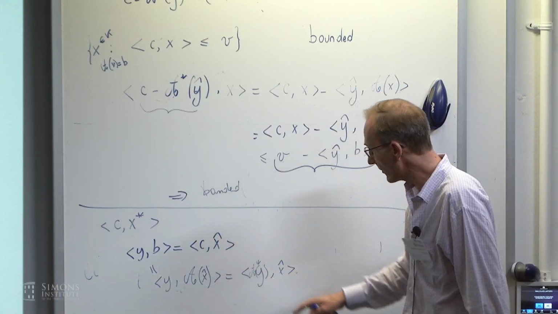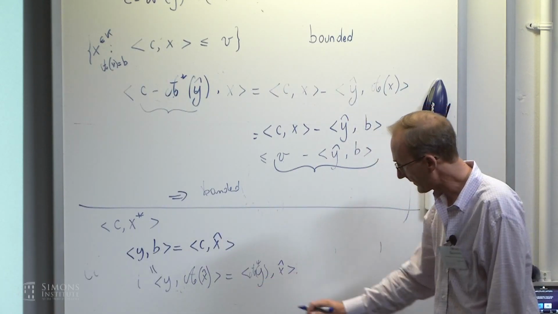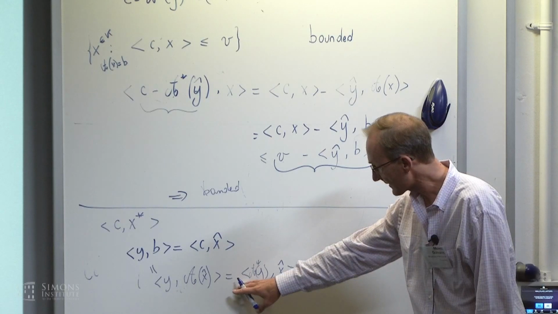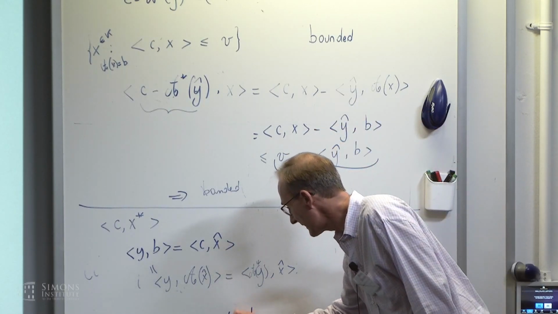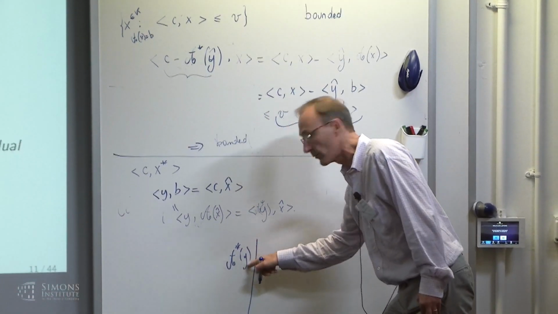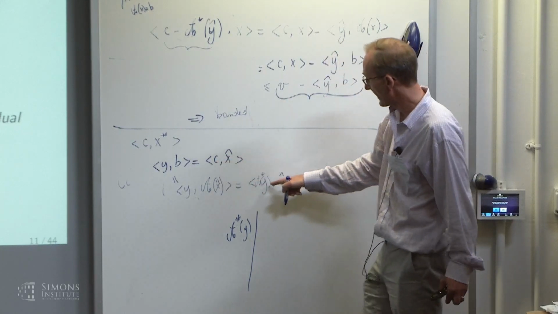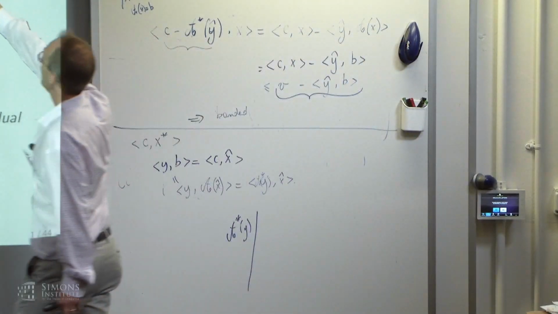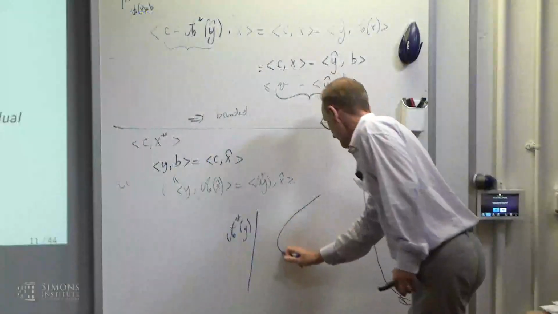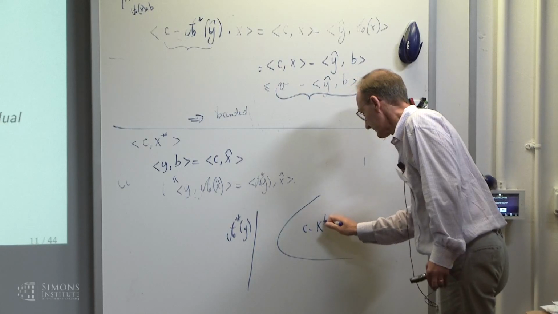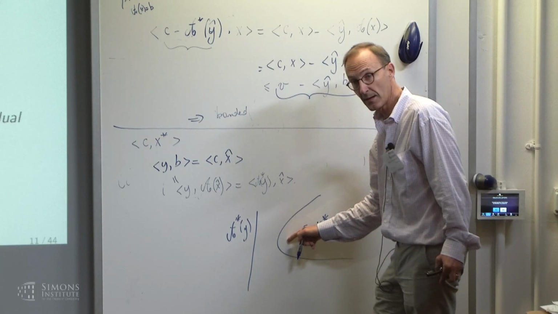So what I'm going to do is use my separating hyperplane result from convex analysis. I'm going to look at the space of A star y over all possible y's, and I'd like that to be in C minus K star. If I can find a point that's in both, then I'm done.